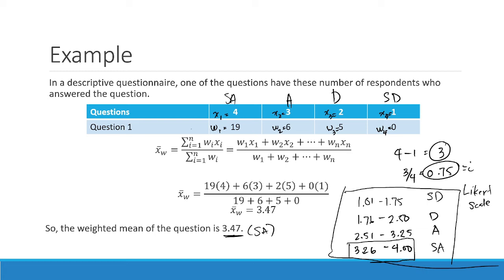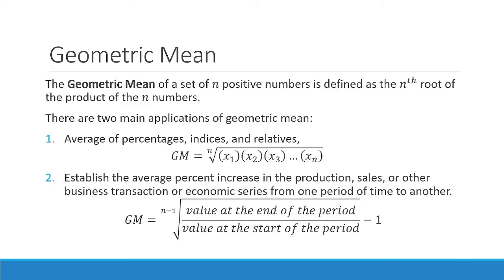And for the next type of mean, we have here our geometric mean. So we actually have two types of geometric means. But for definition first, the geometric mean of a set in positive numbers is defined as the nth root of the product of n numbers. So medyo nakakalito yung ibig niyang sabihin. But basically, pwede kasi tayong kumuha ng tinatawag nating geometric mean in these two scenarios.